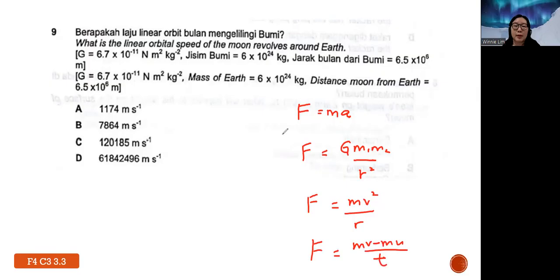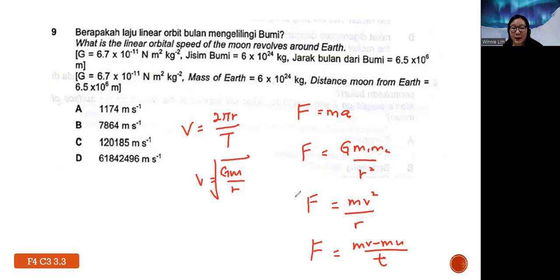So that's why you still need to really understand the topic one by one, and then only you will know which formula is the correct one to use. Same goes for v. You have v equals to 2 pi r over T, v equals to square root of GM over r, and so on. So when you refer to the formula list, you still must have a basic idea.